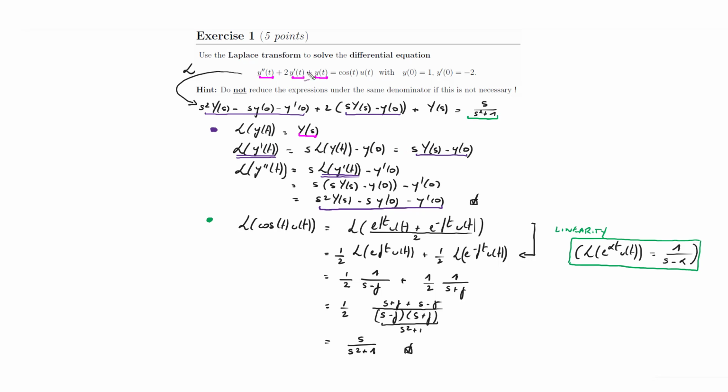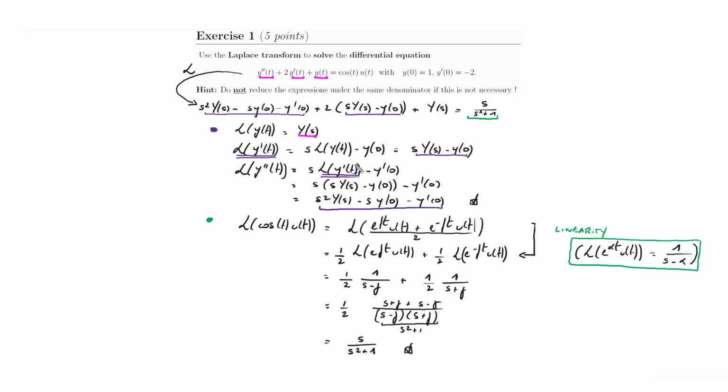So this will give you the Laplace transform over here, and now we need the Laplace transform of the second derivative, and this is where I sometimes see mistakes. So I suggest you do it like this. Laplace transform of the second derivative, well, you can reuse this formula over here. It's s times the Laplace transform of the integral of this one, so this is the first derivative of y(t), minus, well, the initial condition on the derivative now, right?